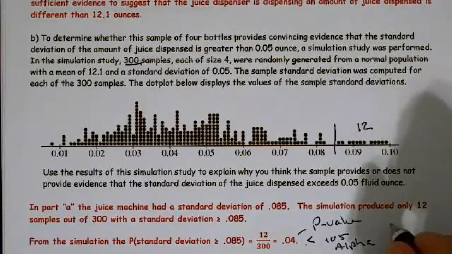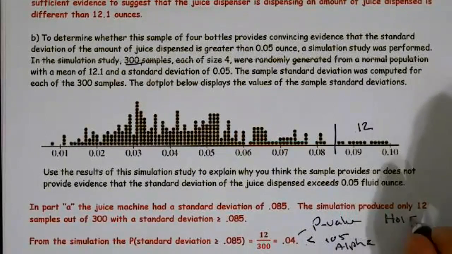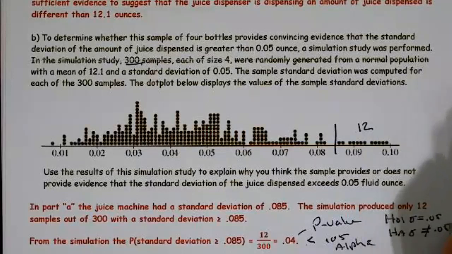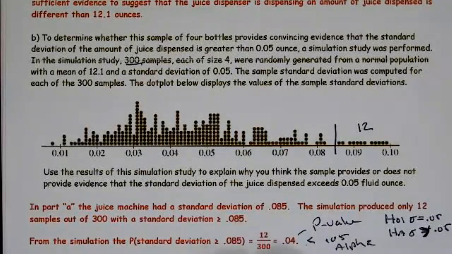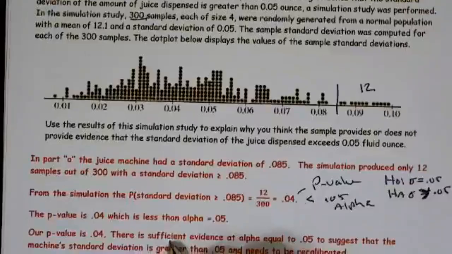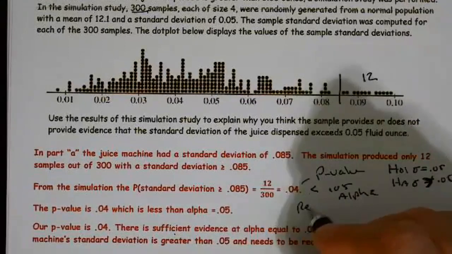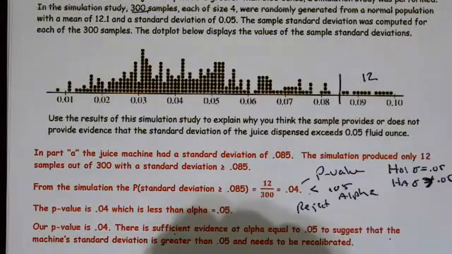So consequently, if I said that my null was the standard deviation is 0.05, and my alternative was the standard deviation is greater than 0.05, our p-value is 0.04. We got enough evidence at an alpha level of 0.05, because we would reject with this, to suggest that the machine standard deviation is greater than 0.05 and needs to be recalibrated.